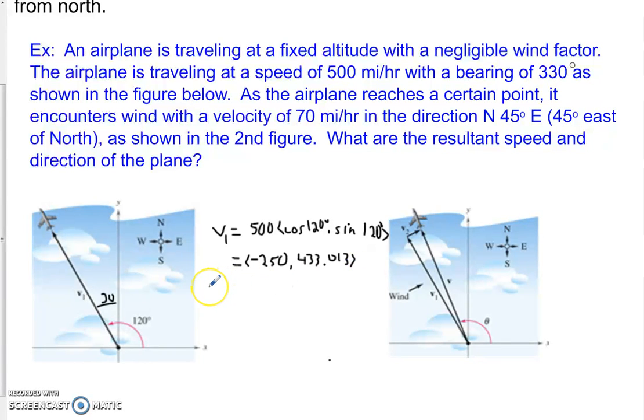Now V2, the other vector, is this plane moving off 45 degrees east of north. You could see it this way, but it's also, of course, 45 degrees north of east, and that's what we're used to looking at. So the speed is 70 miles an hour, or its velocity. So it's 70 times the cosine of 45, which you all know, and the sine of 45.